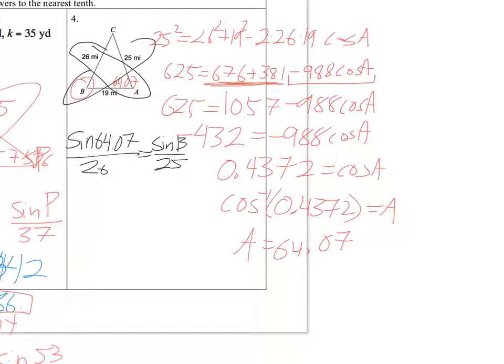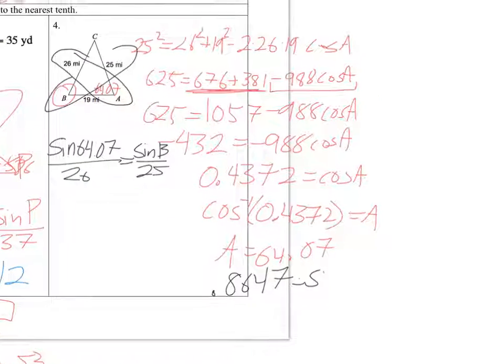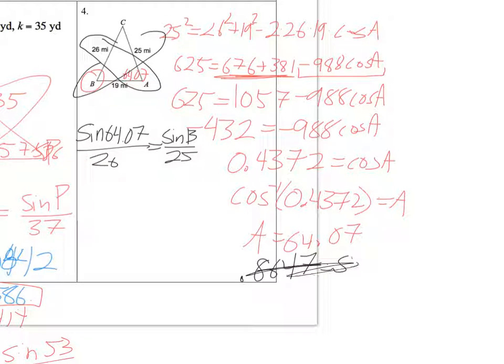When I do this out, that's going to be sine of that 64.07, and we're going to divide that by 26, and then we're going to multiply that by 25, and I get 0.8647 is equal to sine B.